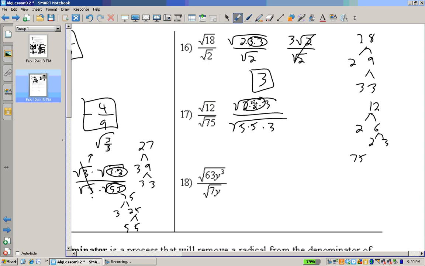Now, 2's inside the radical, in the radicand. That's going to pull 1 2 out. 2 5's, pull 1 out. And the square root of 3 divided by the square root of 3 is 1. So we're left with 2/5.